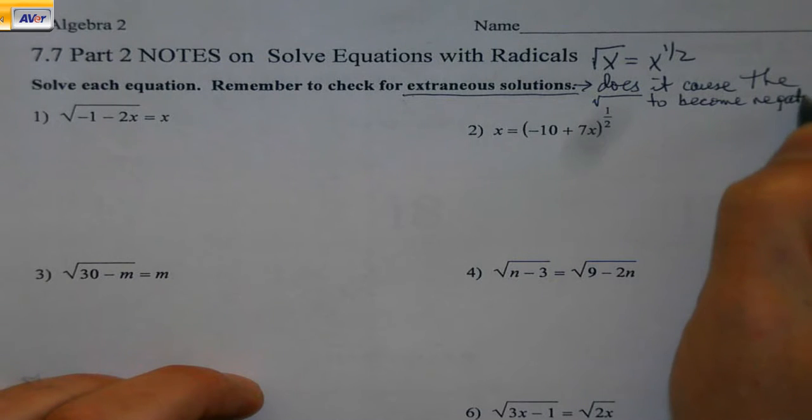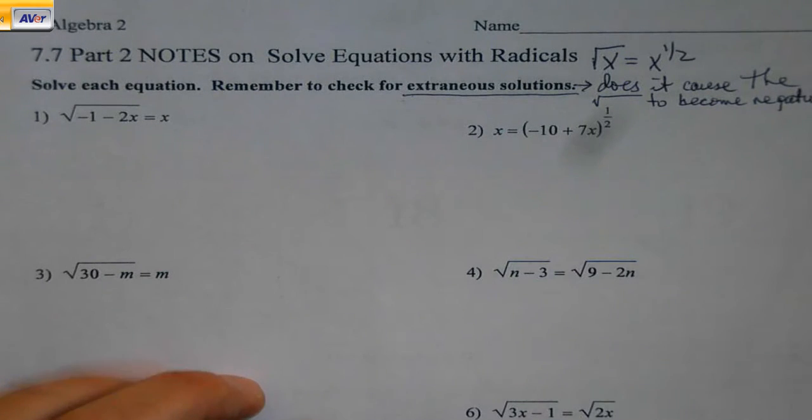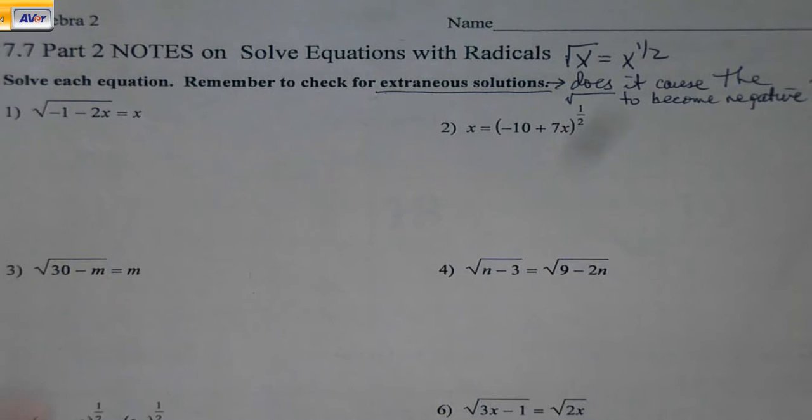Because remember, we're not looking for i values. We're looking for real number solutions. So if I would get something like that, I won't have it. And there'll be another piece to this coming up in just a little bit.